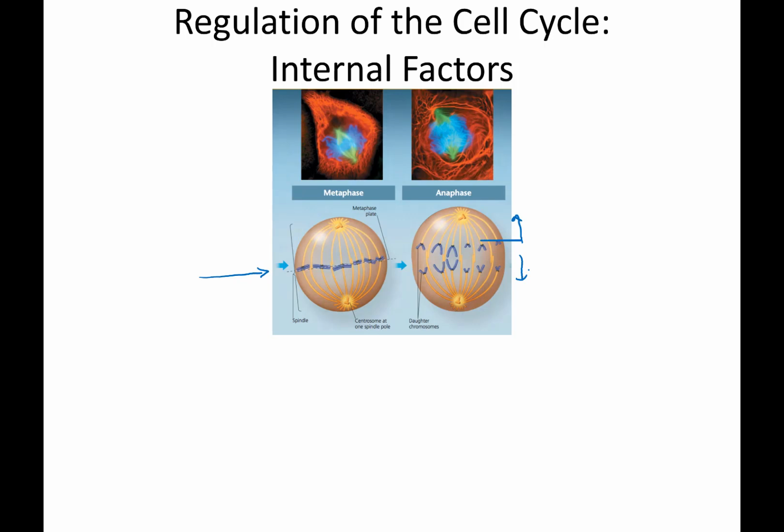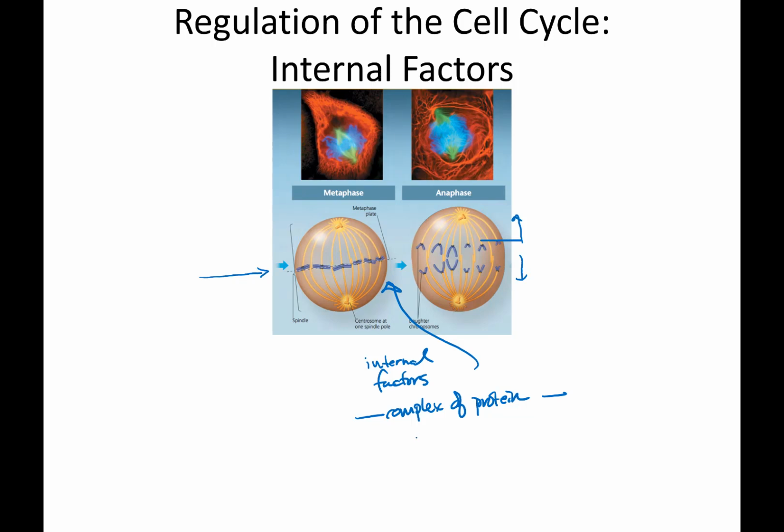This is actually triggered by internal factors. It's not cyclin and CDK. I don't need you to know what they are exactly, but it's a complex of proteins that allow the sister chromatids to start separating and anaphase to proceed.